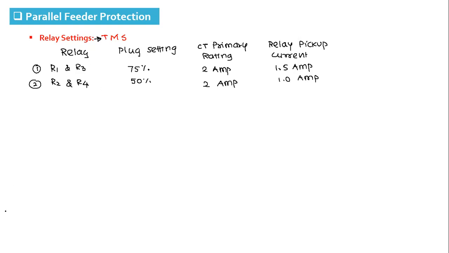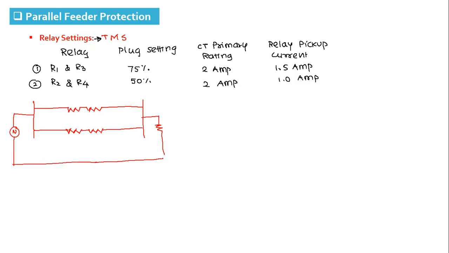Now for TMS, what we are going to do? Let me draw the diagram again. This is the parallel figure, 20 ohm, 20 ohm, and here we have relays R1, R2, R3, R4.